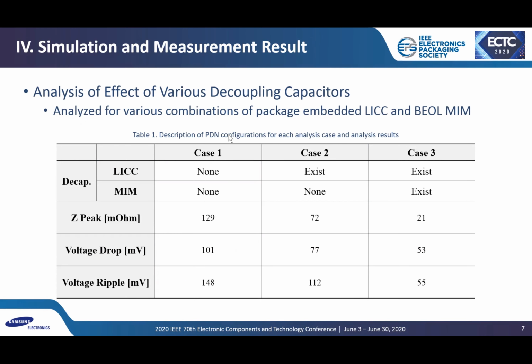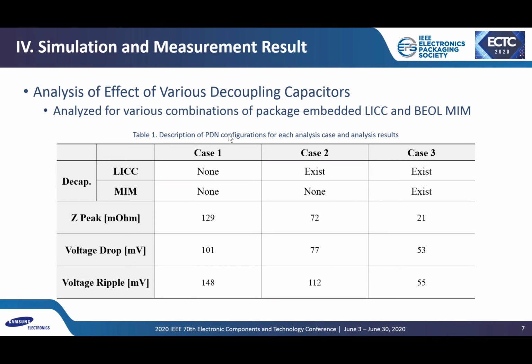To analyze system-level PI performance of various combinations of decap, we compared 3 cases with respect to package embedded LICC and bare MIM. The system-level PDN impedance simulation result, voltage drop and voltage ripple simulation and measurement results will be seen for each PDN case in this page and later on.